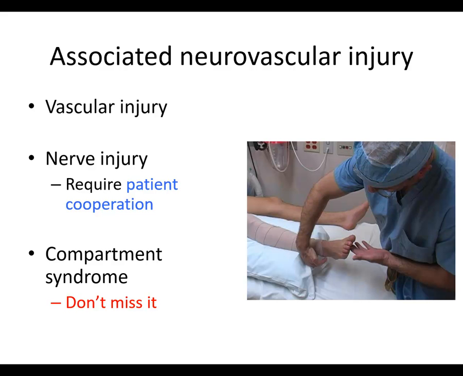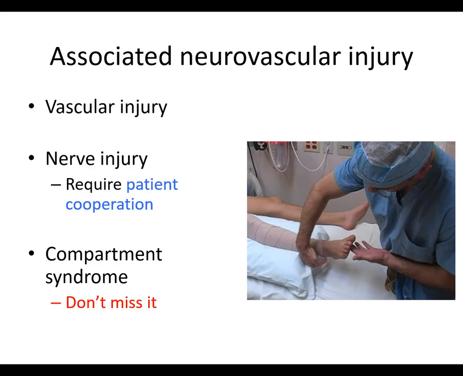Associated neurovascular injury is important also because it can potentially lead to limb-threatening problems. So if you have a vascular injury, certainly somebody could lose their limb from this. Keep in mind, nerve injury requires patient cooperation.